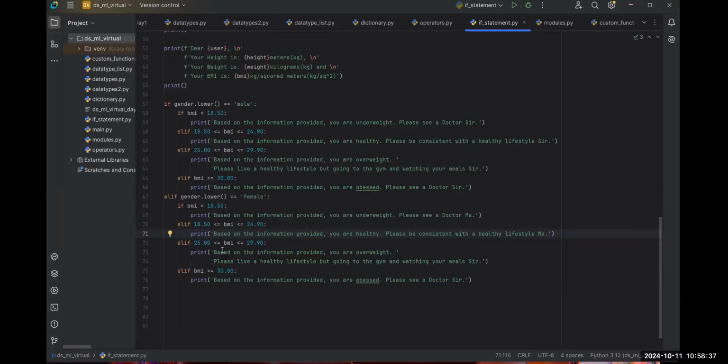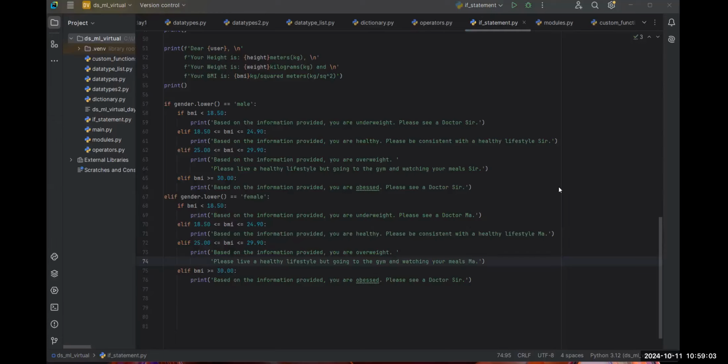For those whose BMI falls within this range, we said that they are overweight and they should live a healthy lifestyle by at least going to the gym or watching their meals. Okay? All right.